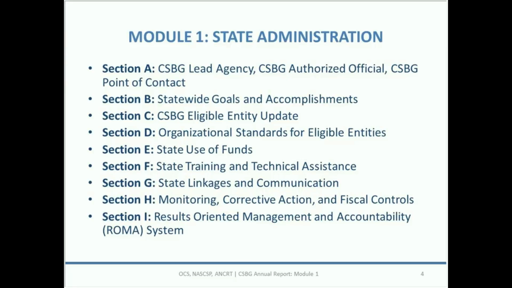Section E includes state use of funds. Section F is about state training and technical assistance. Section G is about state linkages and communication. Section H is an opportunity for the state to talk about the monitoring, corrective action, and fiscal controls for the year. And Section I is information about results-oriented management and accountability.